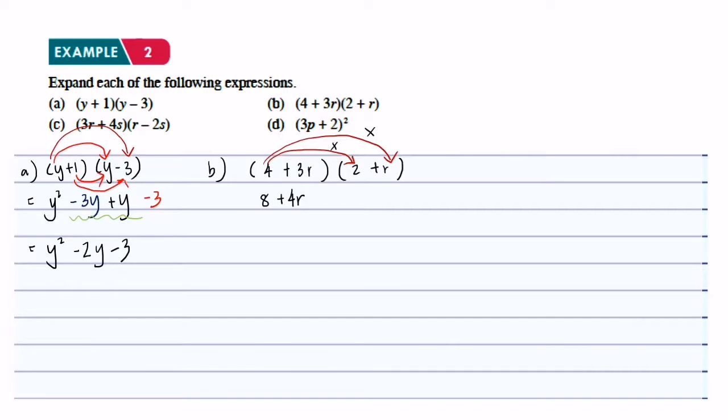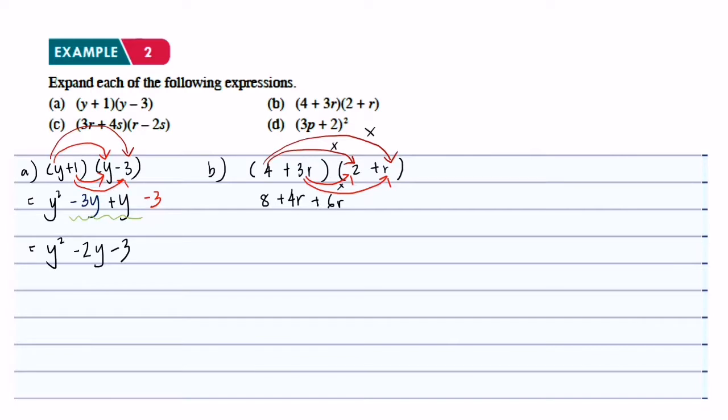Okay, so now the next is 3r times 2. And also 3r times r. 3r times 2 equals positive 6r.